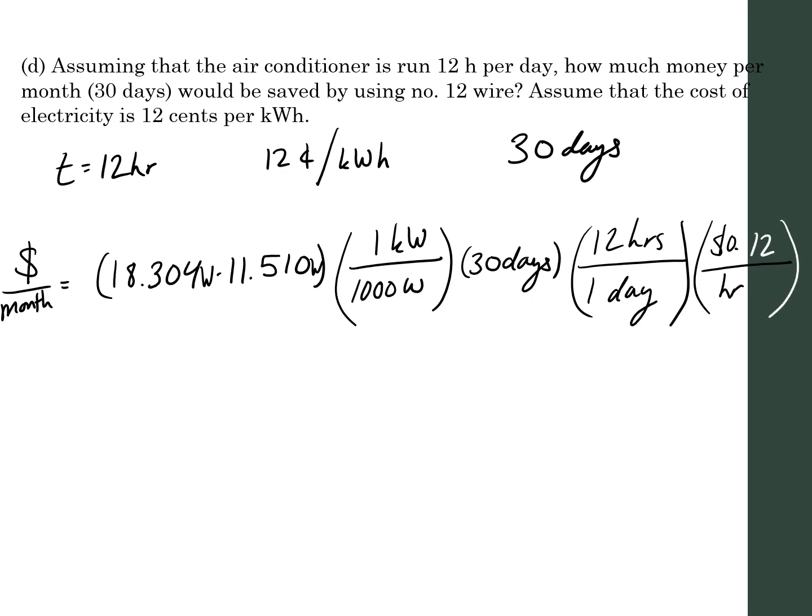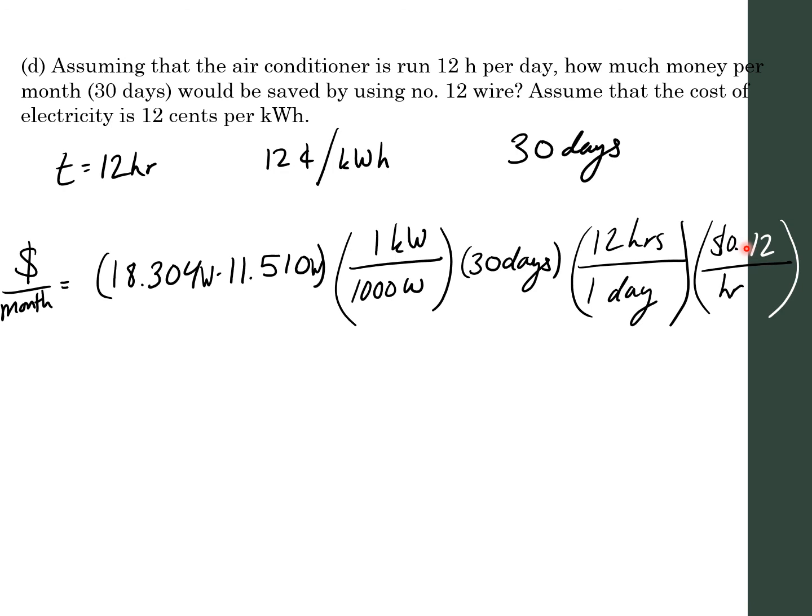So all of this information here, again, is just fancy unit conversion. We're going from watts all the way to dollars. I'm trying to figure out what I did with my kilowatts.